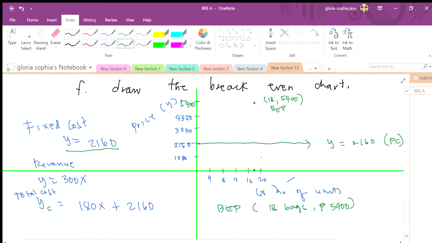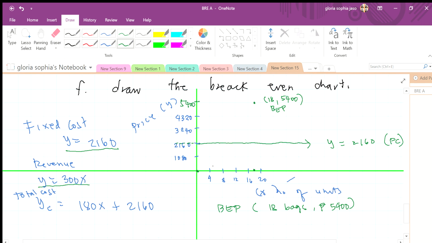And then, we can now graph our lines. This first: y equals 300x. If x is 0, y is 0 for our revenue line.